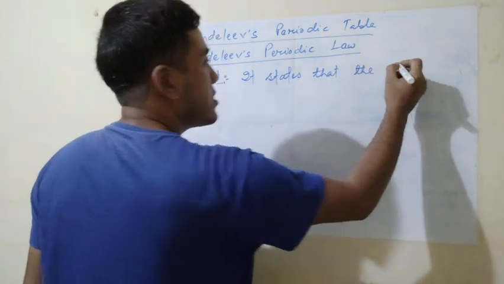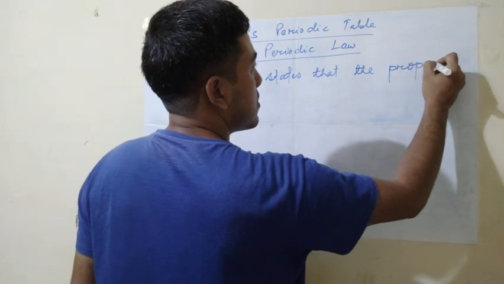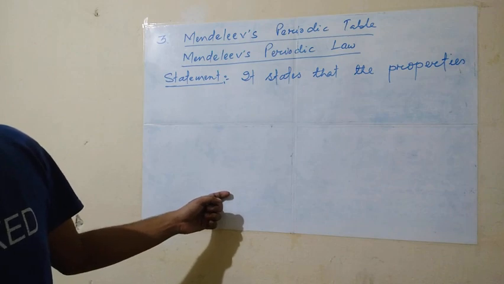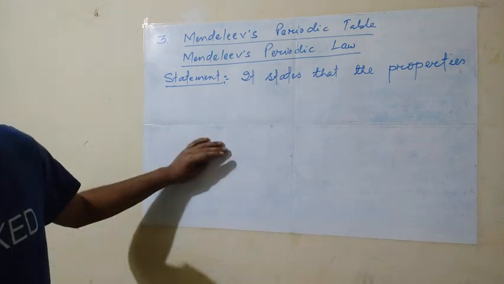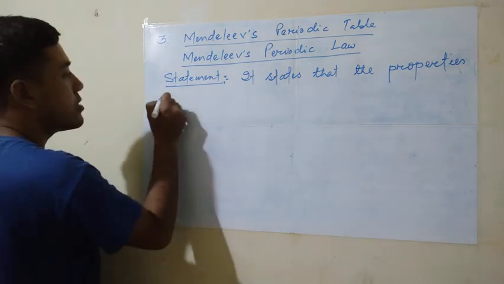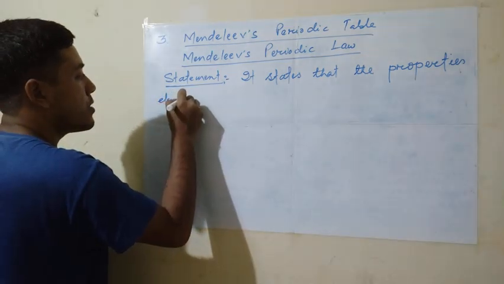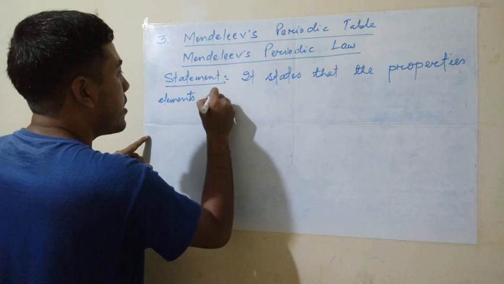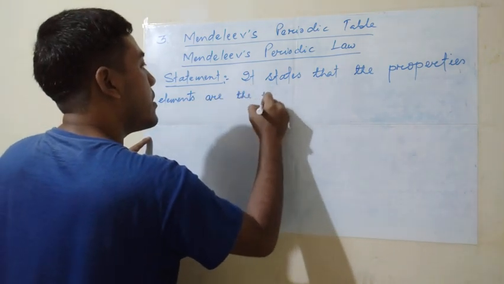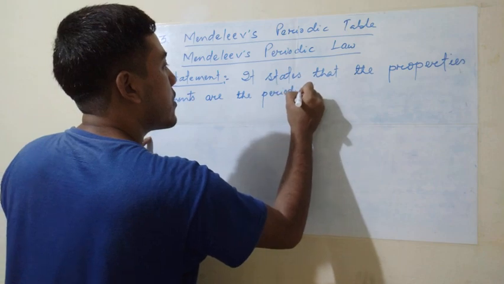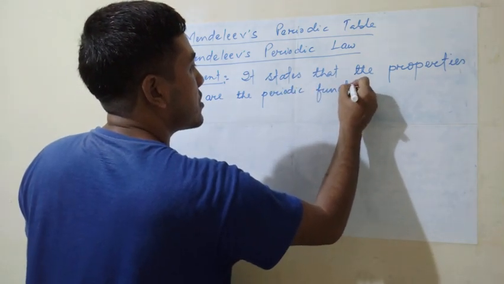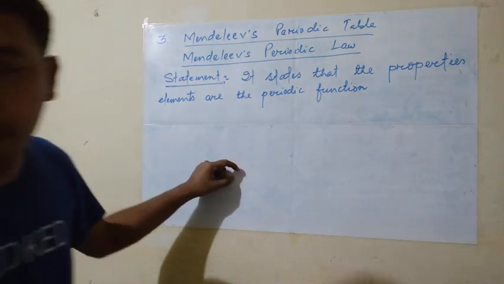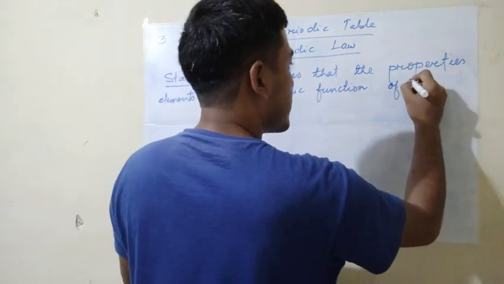the properties of the elements are the periodic function of their atomic mass.